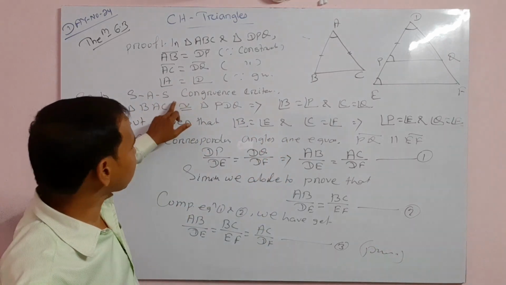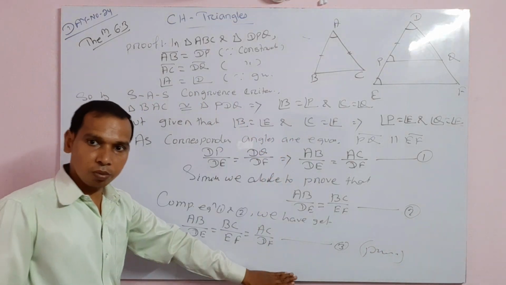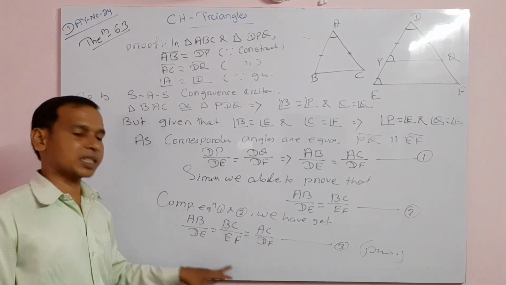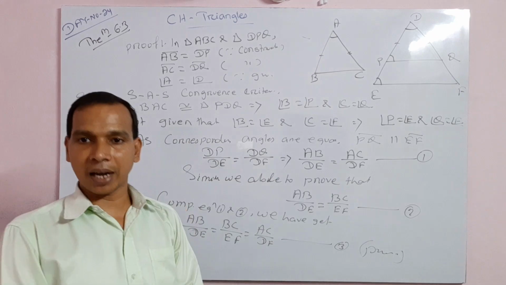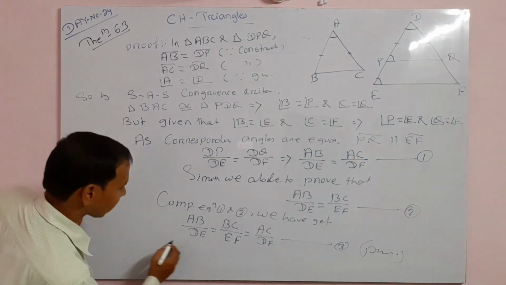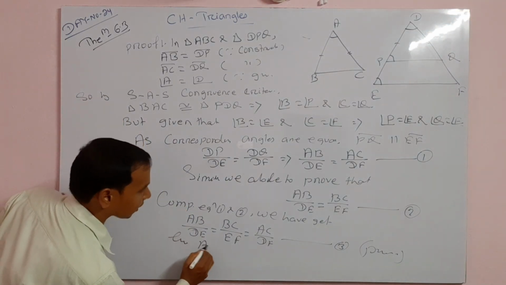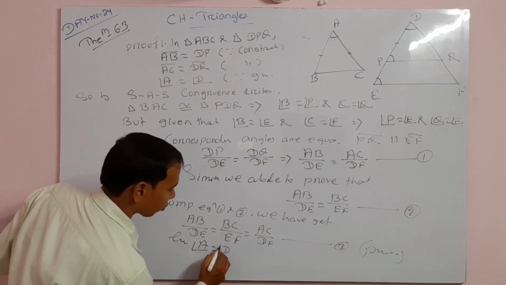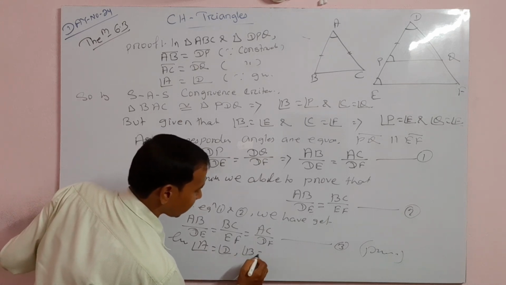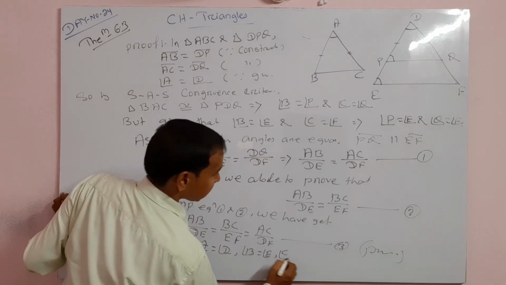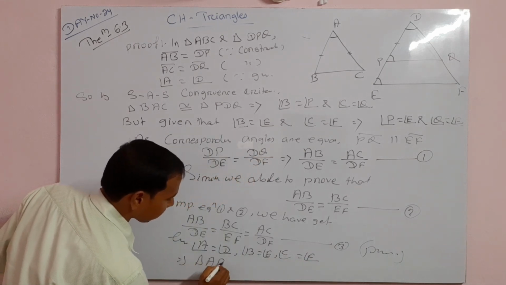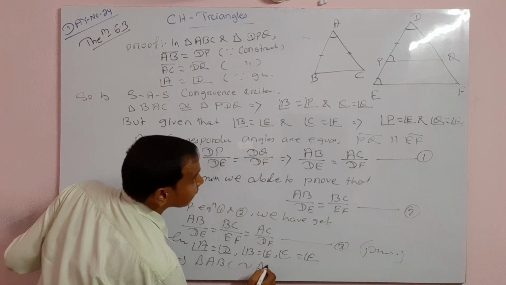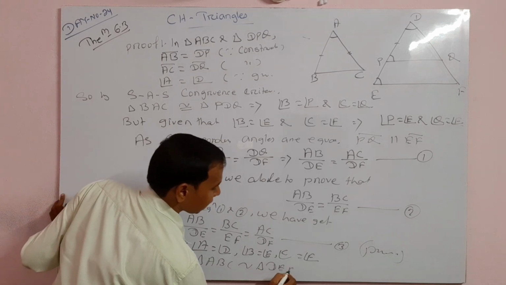Okay, so इधर first option था, we need to prove that the corresponding sides are in proportion. So prove हो गया. As two triangles' respective angles are equal, you write here, given that A angle equal to D angle, B angle equal to E angle, C angle equal to F angle, implies triangle ABC similar with the triangle DEF.